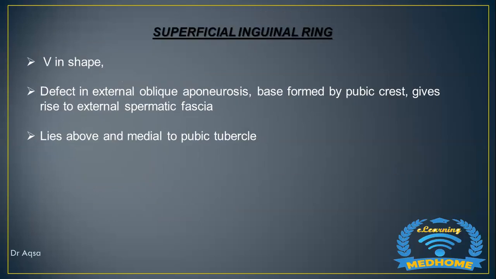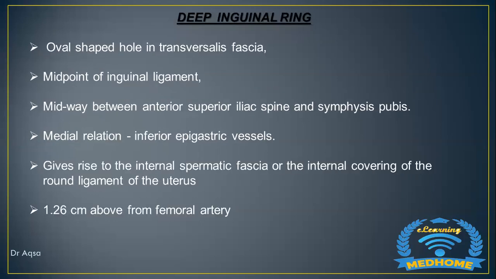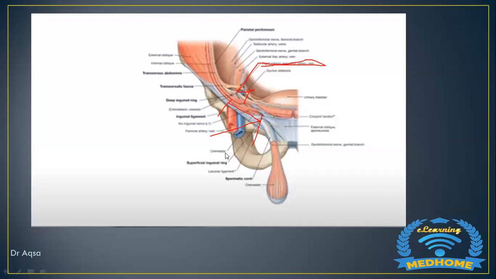And the superficial inguinal ring lies above and medial to the pubic tubercle, as you can see here. While the deep inguinal ring lies above the femoral artery.